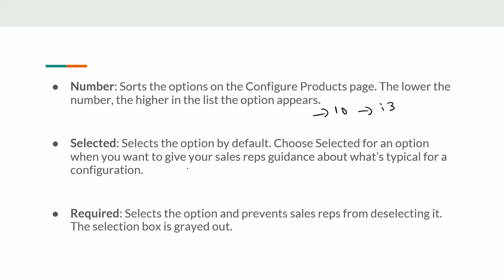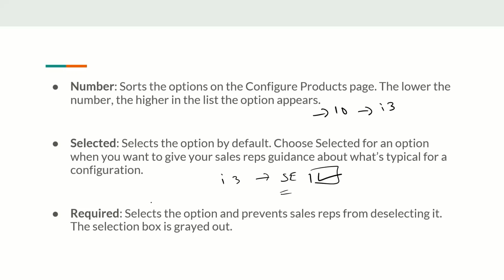So for the I3 product option, the selected checkbox will be checked. So whenever we select the product Laptop 13, the product bundle, this particular option will be selected by default. If we want, we can deselect it.